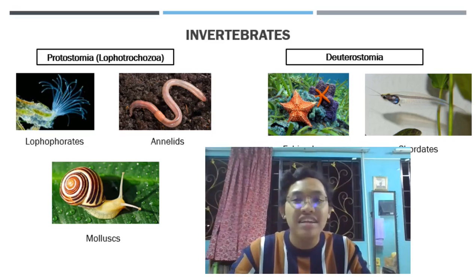And the final invertebrate group that we should always remember is Deuterostomia, which is made out of echinoderms such as sea stars, sea urchins, sand dollars, and sea cucumbers, as well as chordates such as tunicates and lancelets.